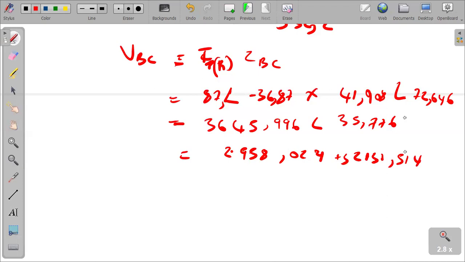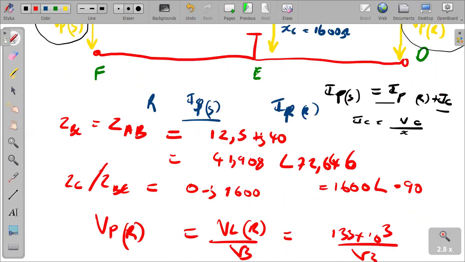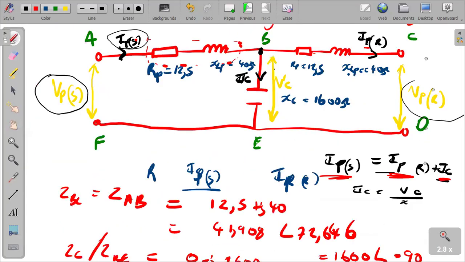Where are we heading? We have IR and we already have IPR, so we are fine. Remember, we want IP as the sending end phase current, but we don't have IC. So having calculated VBC, we want to use Kirchhoff's second law: this VBC, the voltage across the points BC, and the VPR, if we add them, should give us VC.